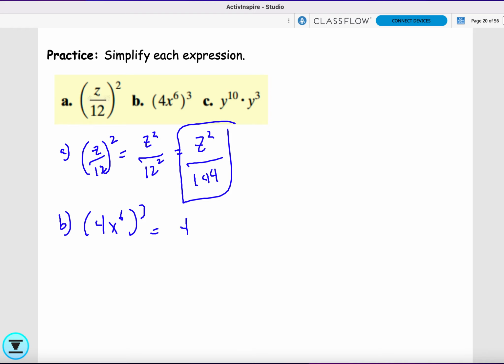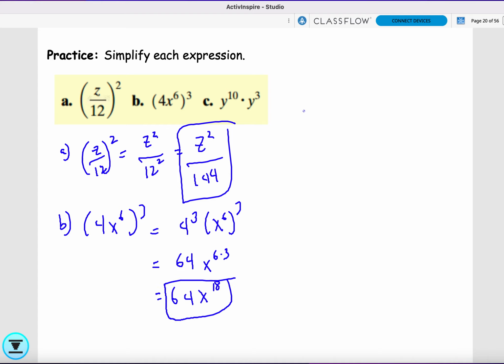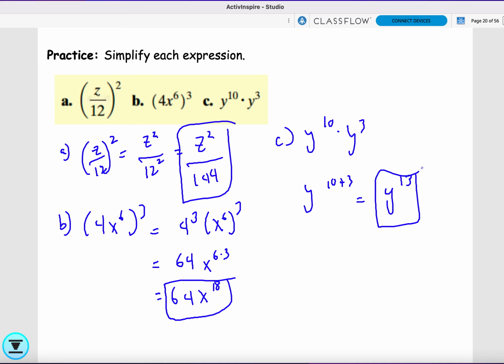That's going to give us 4 cubed x to the 6 cubed. So 4 cubed is 4 times 4, 16 times 4 is 64. So it'll be 6 times 3, which is 18. 64x to the 18th power. C is y to the 10th times y to the third. We're just using the product rule, so we're just going to add 10 plus 3, which is just y to the 13th, and we're done.